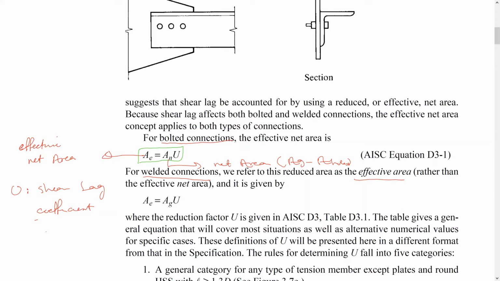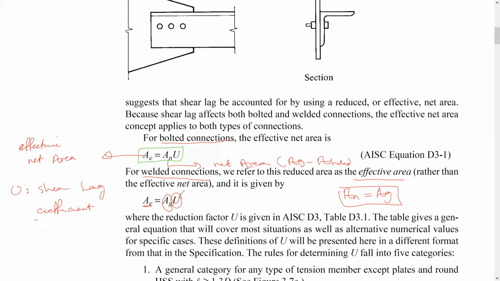But in the welded area we call it effective area لأنه إحنا ما عندنا net area. دائما الarea net بتساوي الاريا جروس بالولدد. طبعا ليش هون؟ لانه احنا في الولدد ما عندنا اي هولز، فهون look at this, the effective area is area gross times shear lag coefficient. ميزوا بين البولتد والولدد.